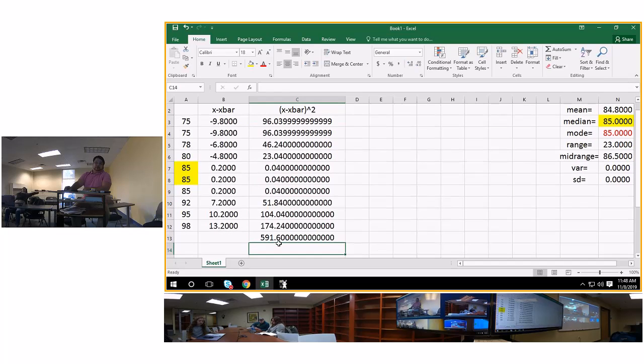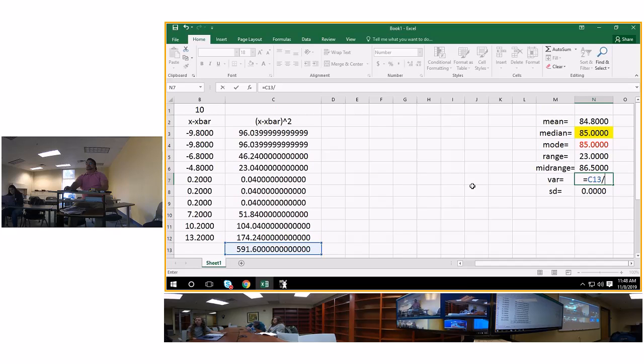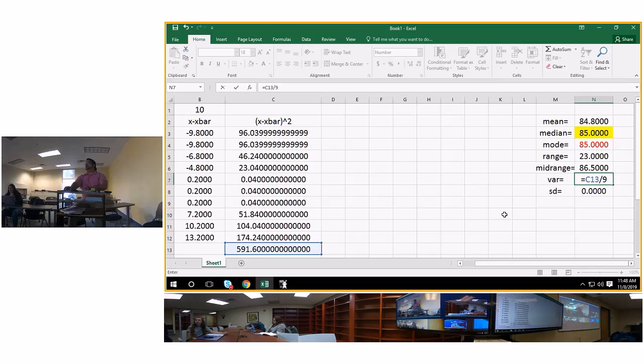And now, Miss Woodward, you're going to divide that number by n minus 1. So we equal this number divided by, what is n minus 1? 9. There's your variance.